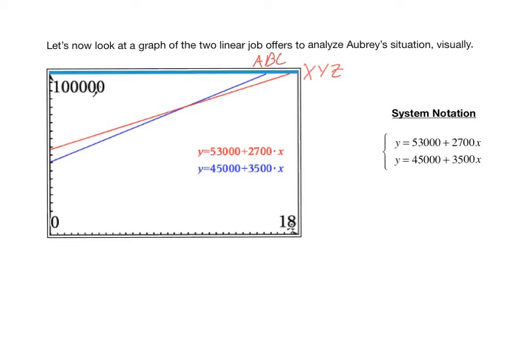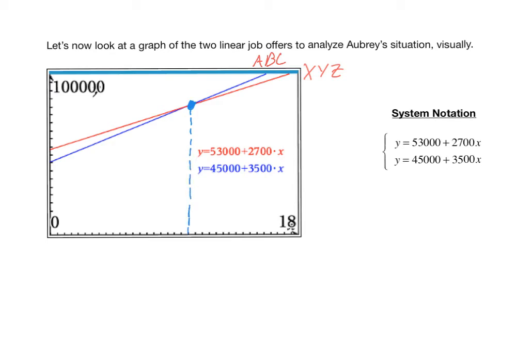Now let me ask you the initial question again. Which of the two jobs would you recommend that Aubrey take? Well, looking at this graph, you might see there's a point at which she would make the same amount of money. And that happens right here. Same amount of money at ABC as she would at XYZ.